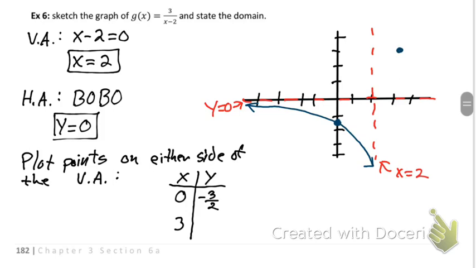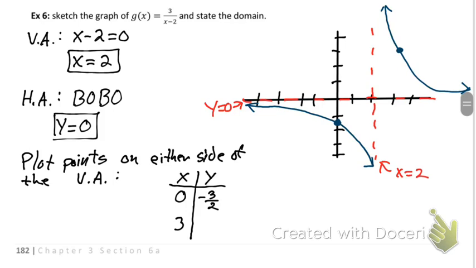Which is pretty much how I expected it. We'd come here, we'd go up. So our graphs never cross our, well, most of the time. There are weird graphs out there that cross the horizontal asymptote and do weird things, but most of the time, we're going to know it just gets close, and it just gets close here, gets close up there, and it gets close right there.